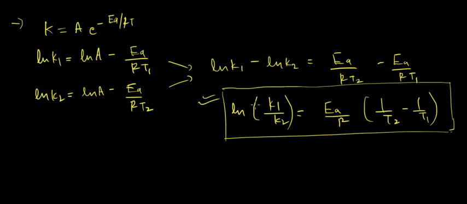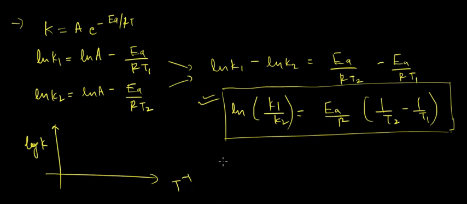Now next we will look at the graph of log k versus 1/T. On the y-axis let's say we have log k, and on the x-axis we have T, or let's say T inverse.